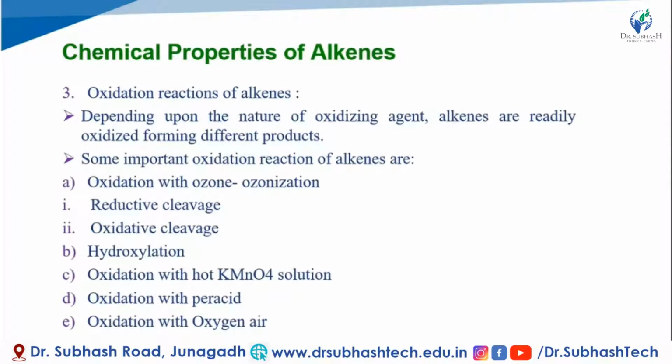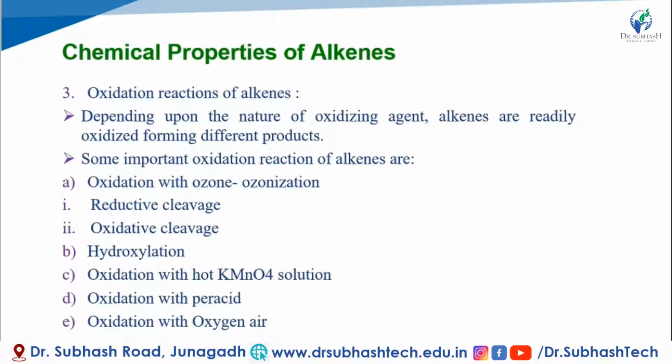We already learned the first two chemical properties. Now today we learn the third property, that is the oxidation reaction of the alkenes. Depending upon the nature of the oxidizing agent, alkenes are readily oxidized, forming different products.